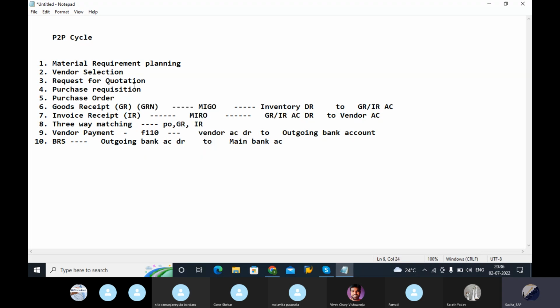After that, purchase requisition will occur. In any organization, there are various departments. Departments may require certain materials.